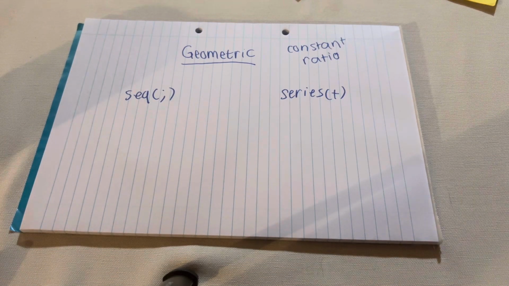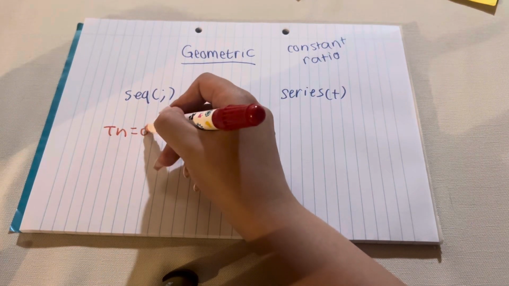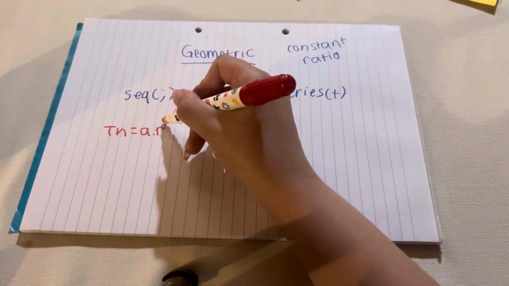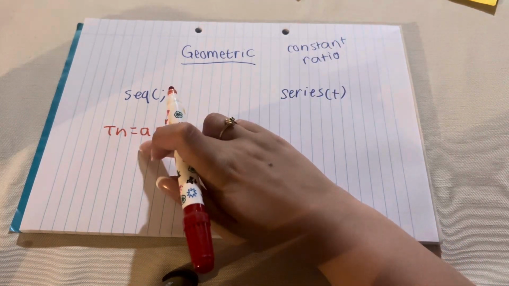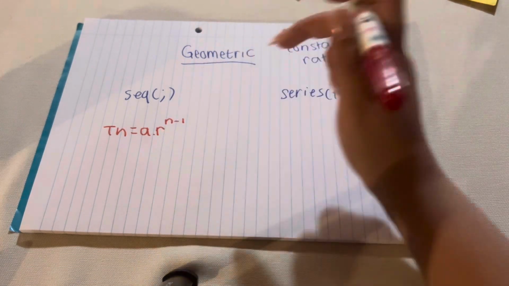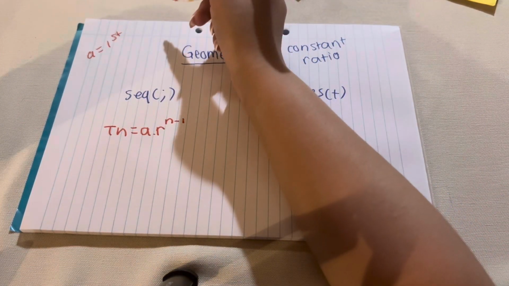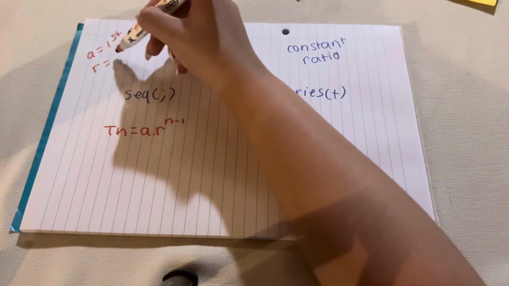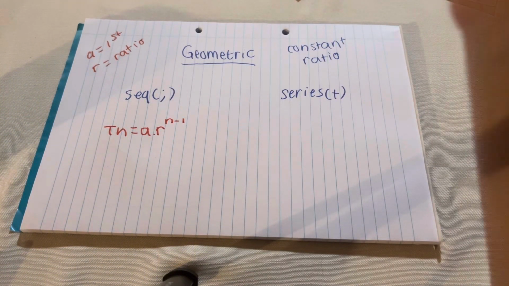For the sequence, it is Tn is equal to A times R to the power of n minus 1. Notice the separation here. These are different bases. The n minus 1 is an exponent to base R, okay? A, as always, is the first term, but here R is the ratio, the constant ratio, okay?